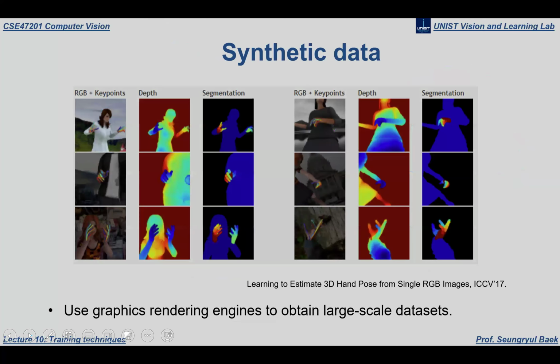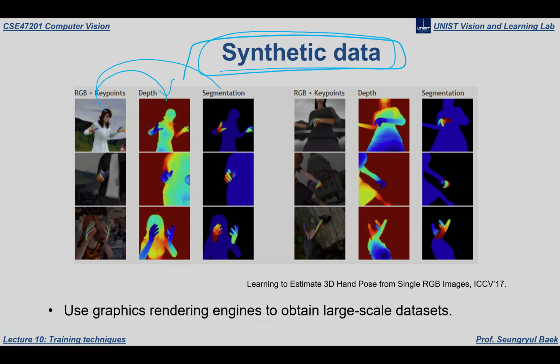Especially for that, with synthetic data even RGB can be rendered from the graphics engine, and we can also secure the depth map, segmentation map, and the 3D poses. We can easily obtain that using the graphics engine.